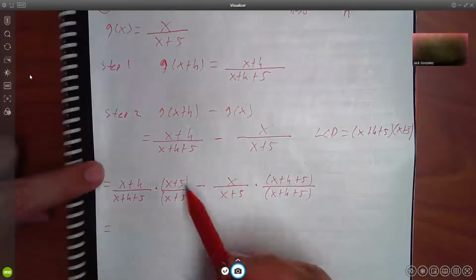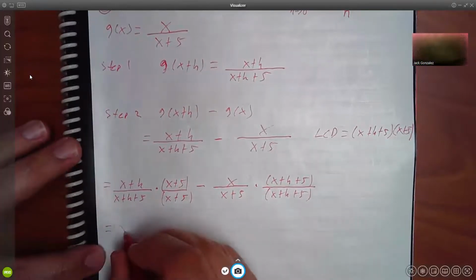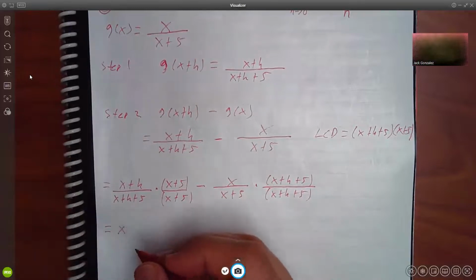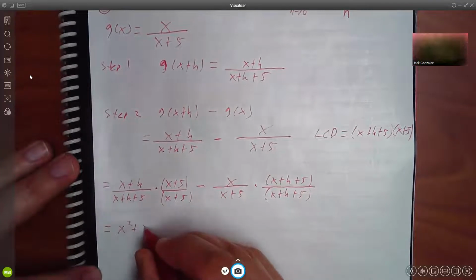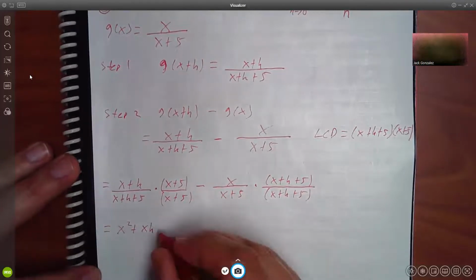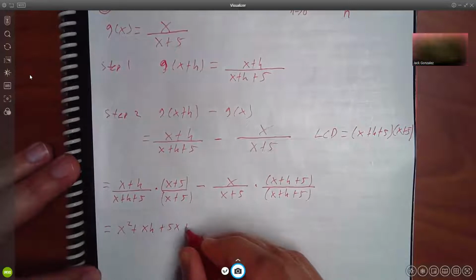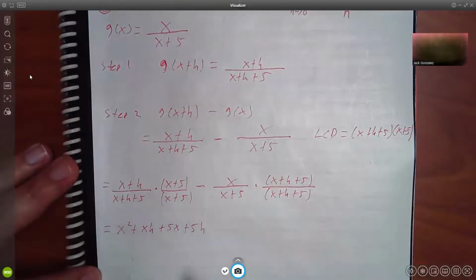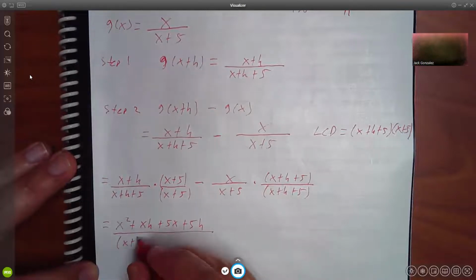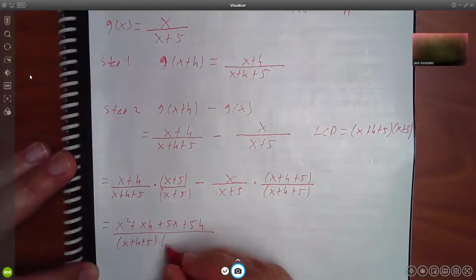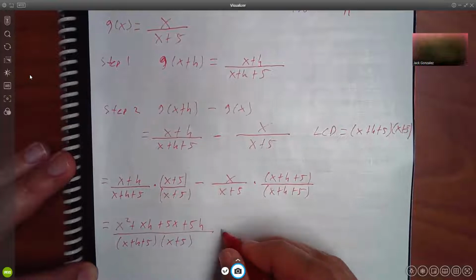So this distribution will be this on top. On the bottom, I will not multiply because maybe something will cancel later. I don't know.